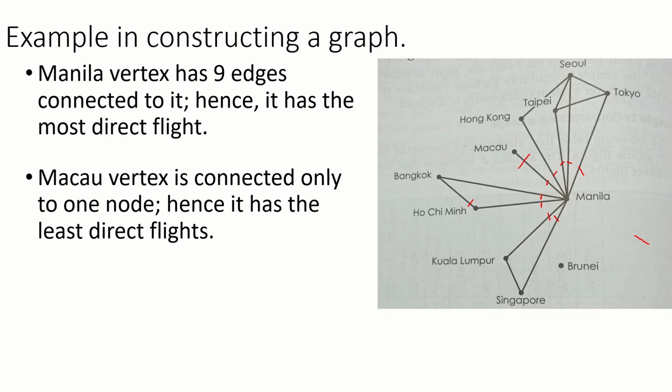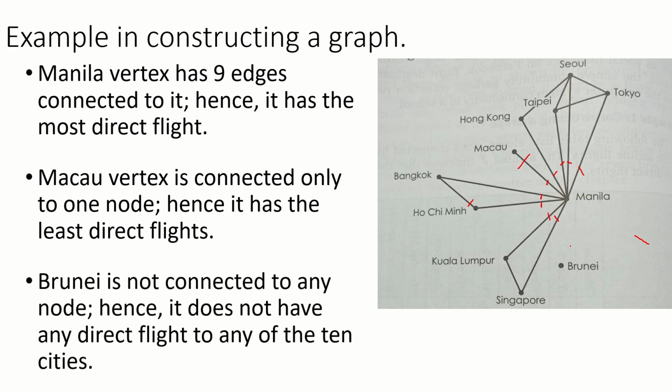Macau is connected only to one node. Hence, it has the least direct flights. But of course, we have Brunei, the lone Brunei. Brunei is not connected to any node. Hence, it does not have any direct flight to any of the 10 cities. Okay, so this is now our graph.